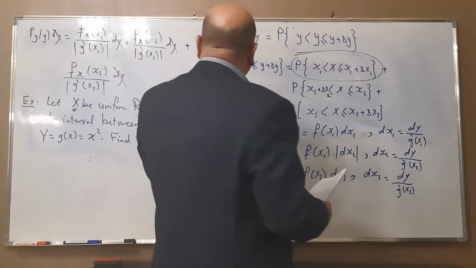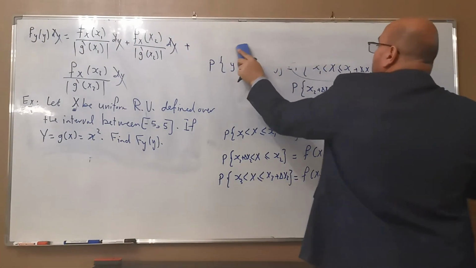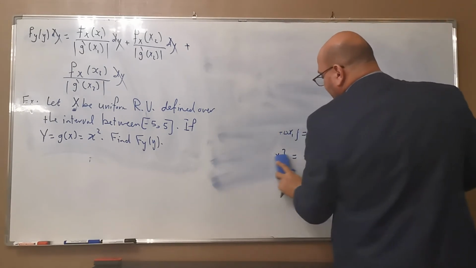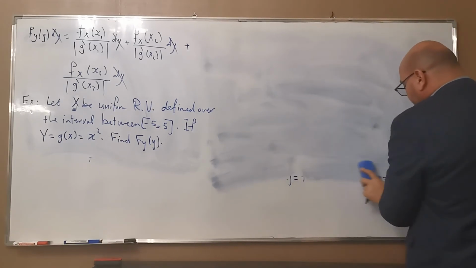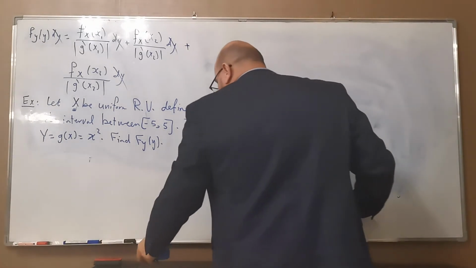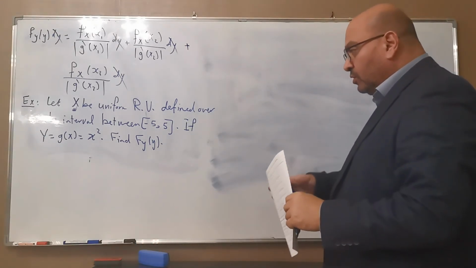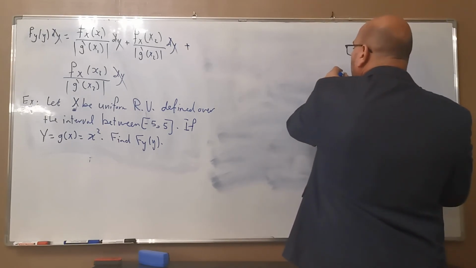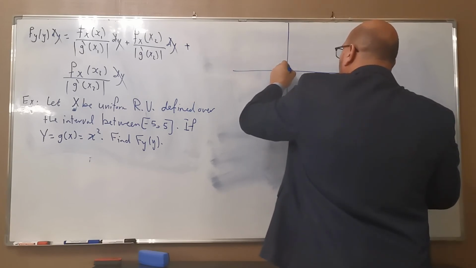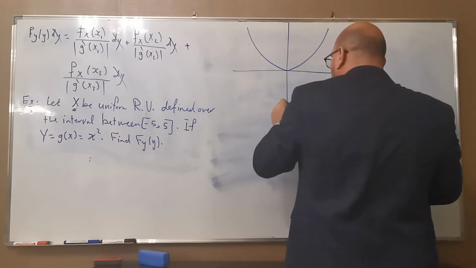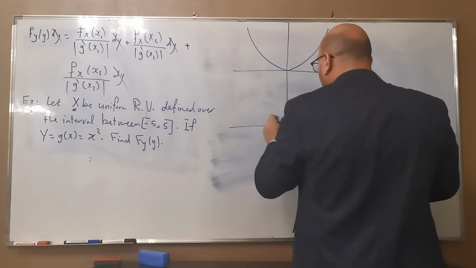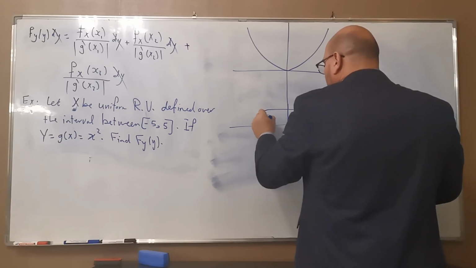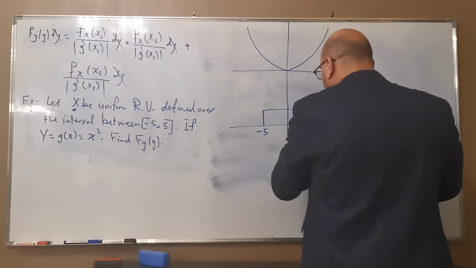Okay, so this is an example. X squared is a non-monotonic function. I will always advise you to draw the random variable and the function beneath each other and see how things look. So this is our x squared, and underneath is a random variable between -5 and 5.